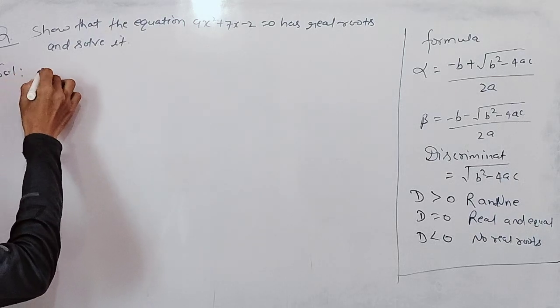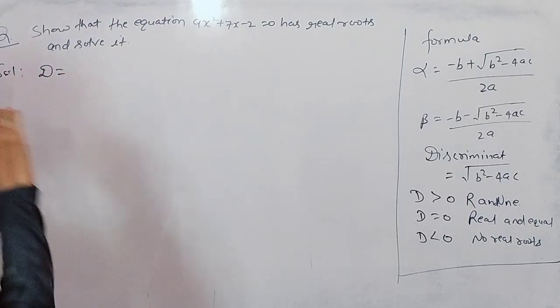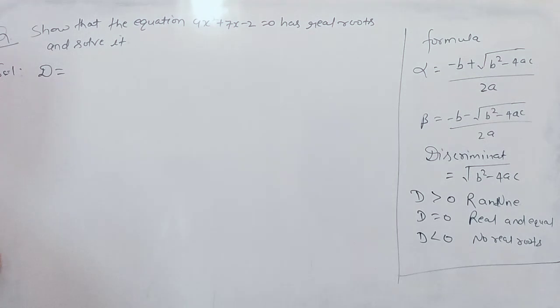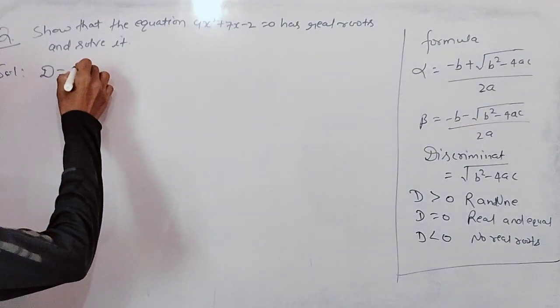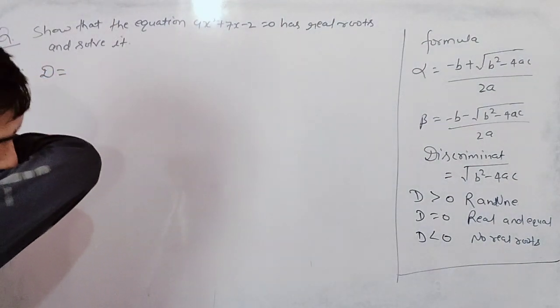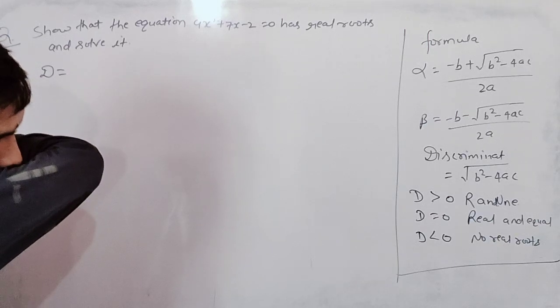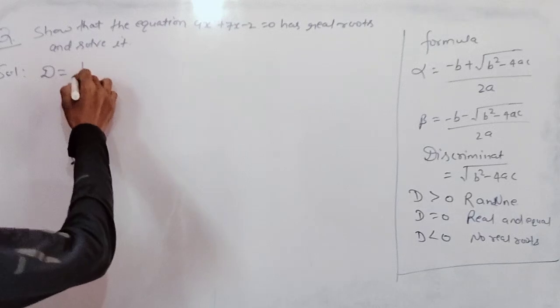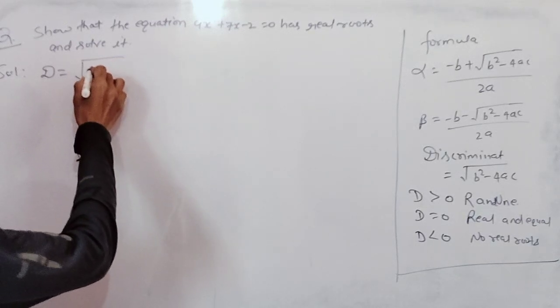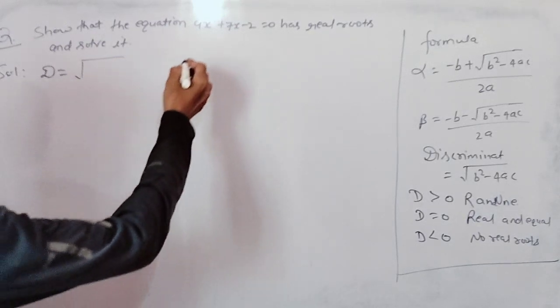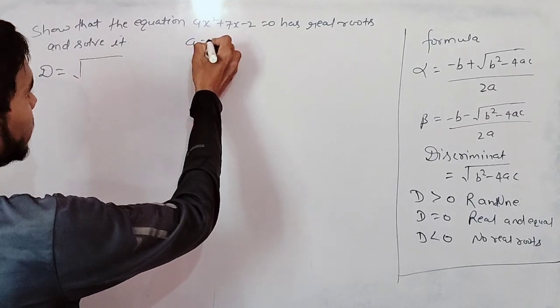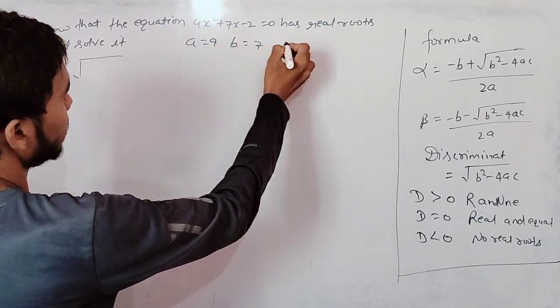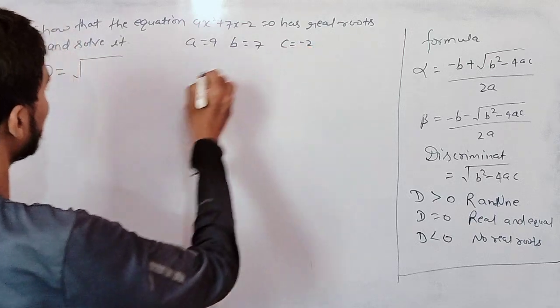The discriminant is represented by D. To find this, we can use this formula: b square minus 4ac. As you know, a is 9, b is 7, c is minus 2.